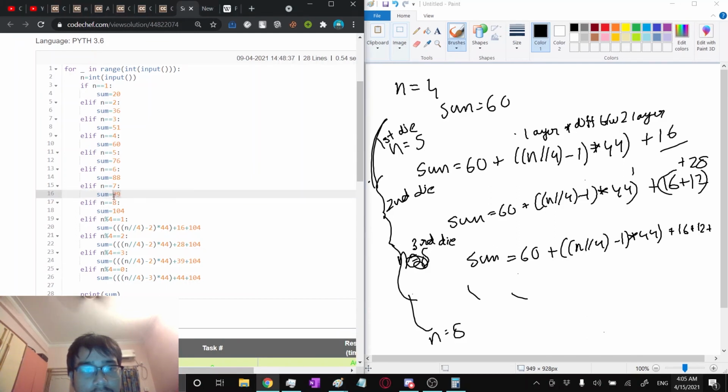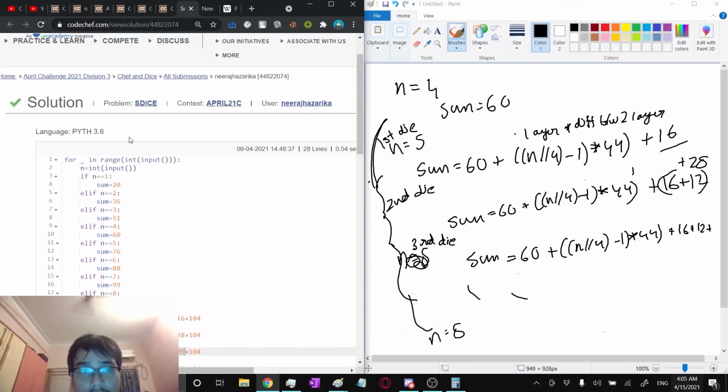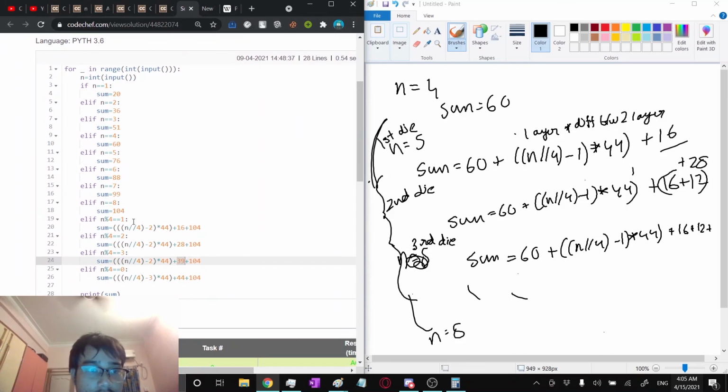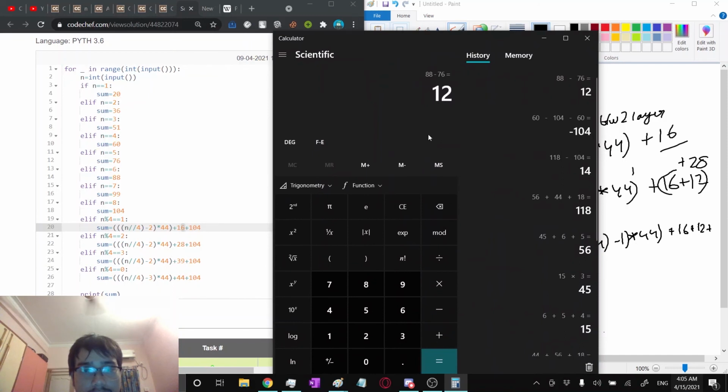Now I could make out what to add over here. That's why for the first solution I used elif, else if conditions till n equal to 8, so that I can know what is the difference that I need to add. So it was helpful. It isn't wasted as such.